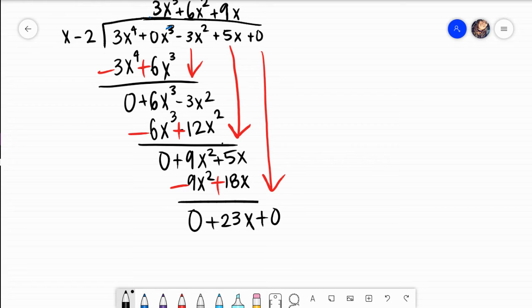And then I'm going to use this first, the actual term, not the 0, but that first term. You don't need to write the 0 each time. I just do so you can see what's happening. But now let's take this 23x and divide it by our x. 23 divided by 1 is 23. Those signs are the same, so it's positive.